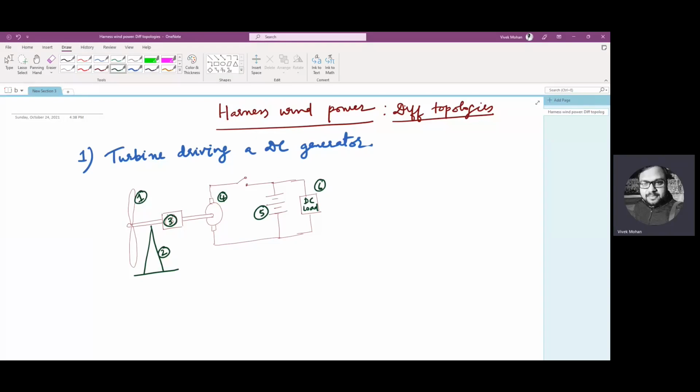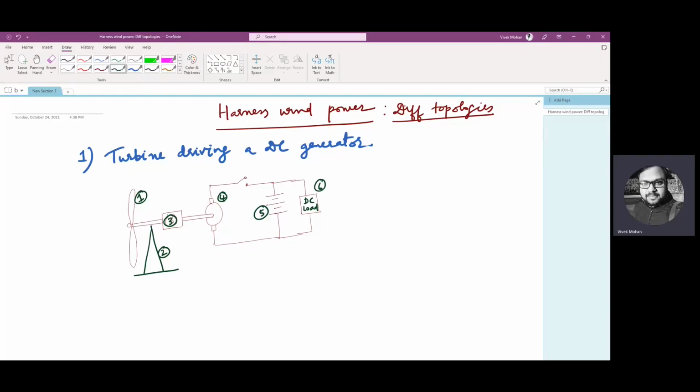So there should be a scaling up of speed happening there, which permits the use of a relatively small generator. So the generator would be small, and 20 or 30 times the speed of the blade would be the generator speed.